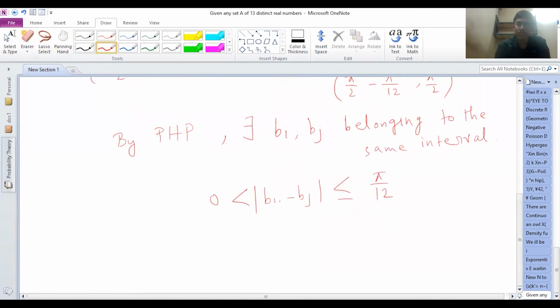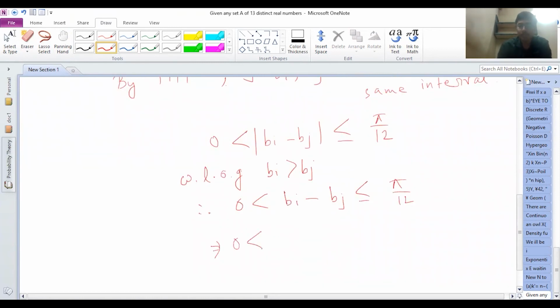Now without loss of generality, we assume that bi is greater than bj. So we have 0 less than bi minus bj less than or equal to pi by 12.